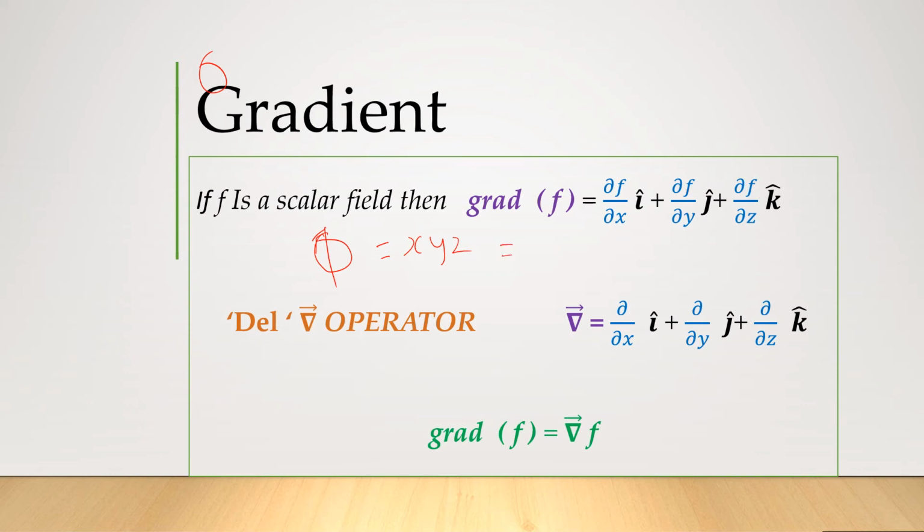Therefore, gradient of pi, grad pi, will be: partially differentiating with respect to x will give you yz into i cap. Then partially differentiating with respect to y, I will have xz j cap, plus similarly I will have xy k cap.